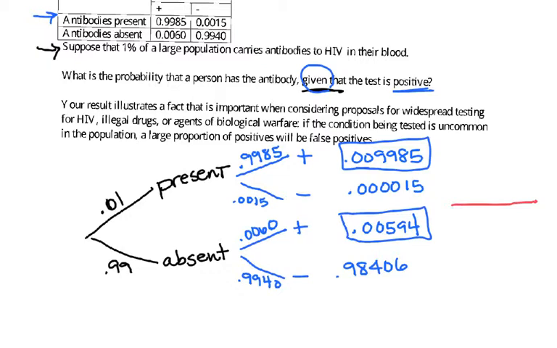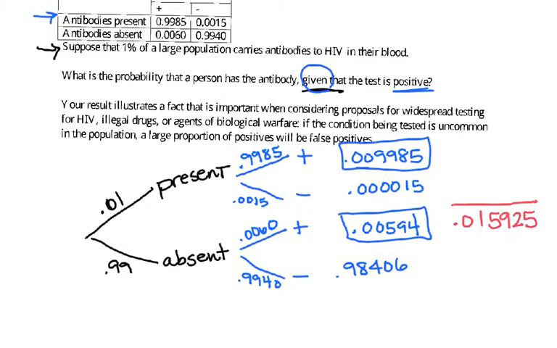The reason for that is we can only look at the outcomes that gave us a positive test, because it's given that the test is positive. That's our narrowing criteria. So we get 0.015925 when we add those together.